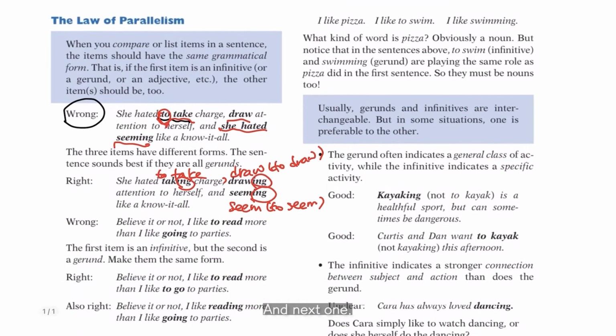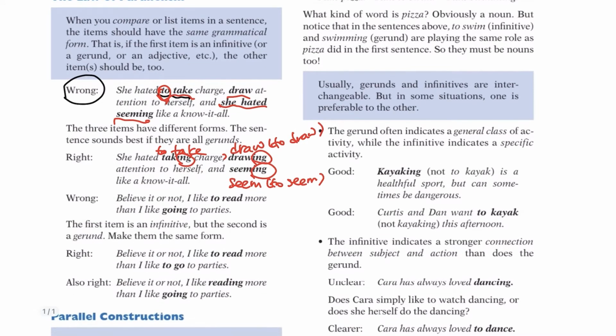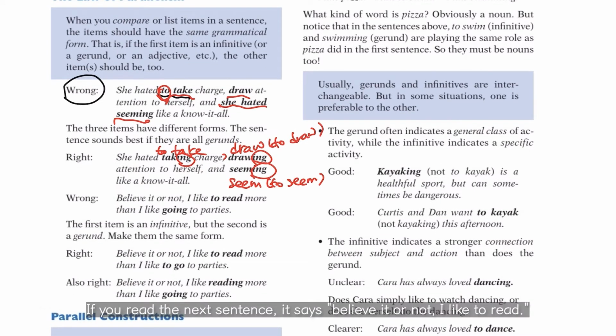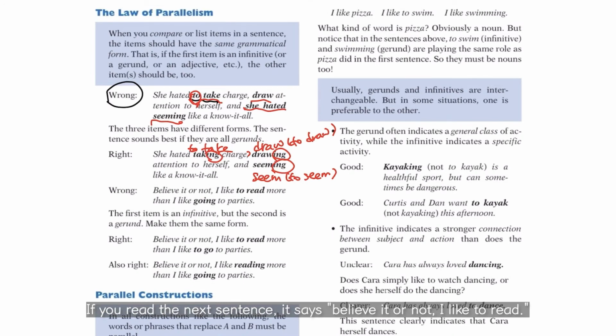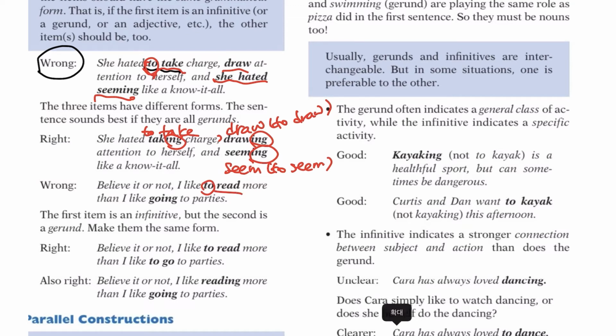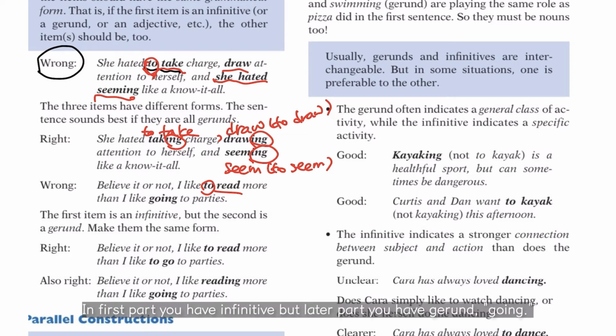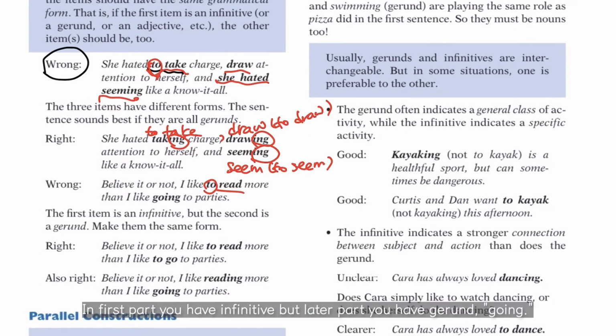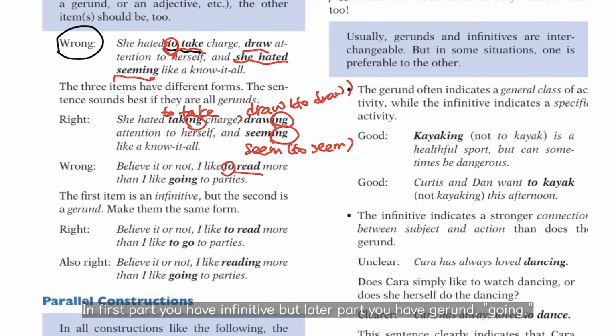And the next one. If you read the next sentence, it says, "Believe it or not, I like to read more than I like going to the parties." In the first part you have an infinitive, but in the latter part you have a gerund, going.